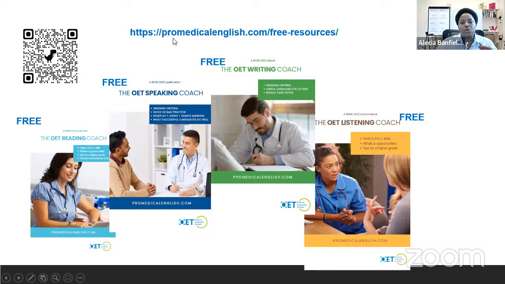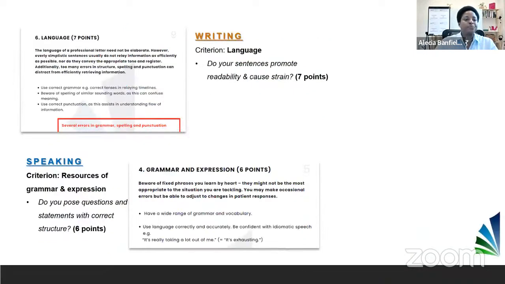So you can head over to our website, go to the free resources, and download it. And no, you do not have to buy anything before, during, or after. You just click, type in your email address correctly, and it comes to your mailbox, and that's it. But getting back to the criteria now.